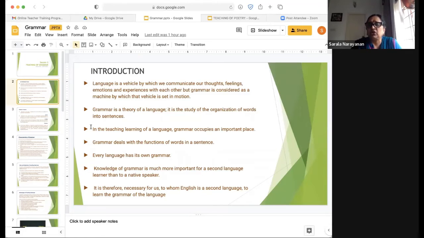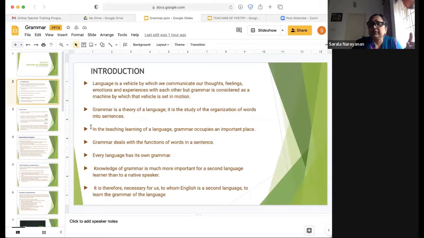Because we have been hearing it from infancy, even though we may not have started forming sentences. As an infant, we have been repeatedly hearing our parents talk, our neighbors talk, our relatives talk to us. So the need for grammar is not there for the native speaker.